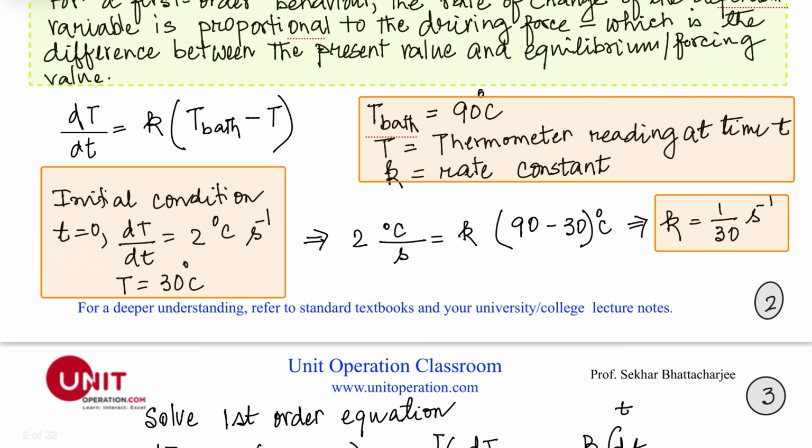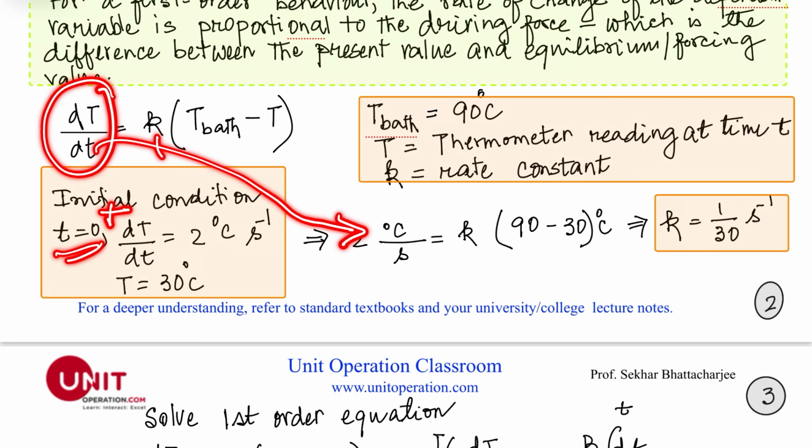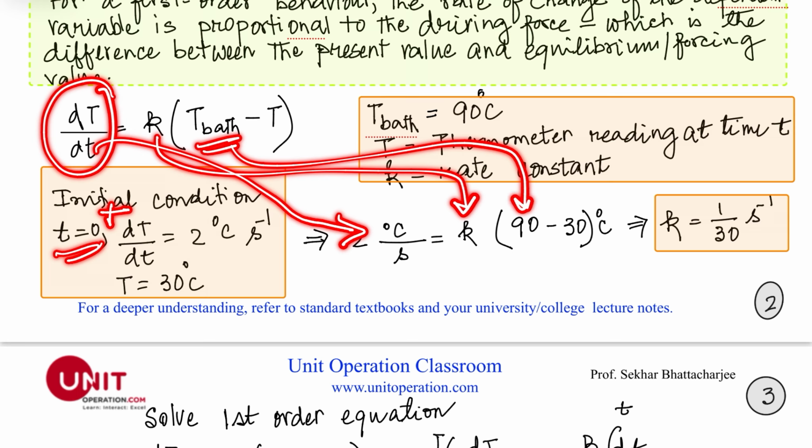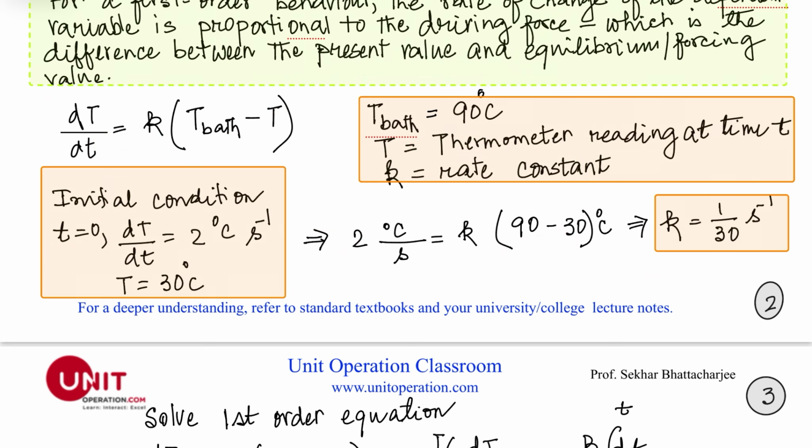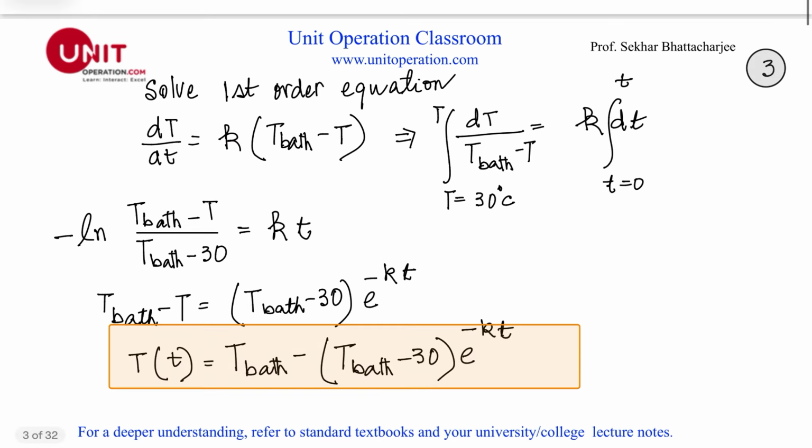So we can say this is equal to k times the driving force at time t equal to 0 plus, and this value of k we have to find out. The bath temperature is 90 degrees Celsius and the temperature of the bulb is still 30 degrees Celsius immediately after insertion. So k is equal to 1 by 30 per second.